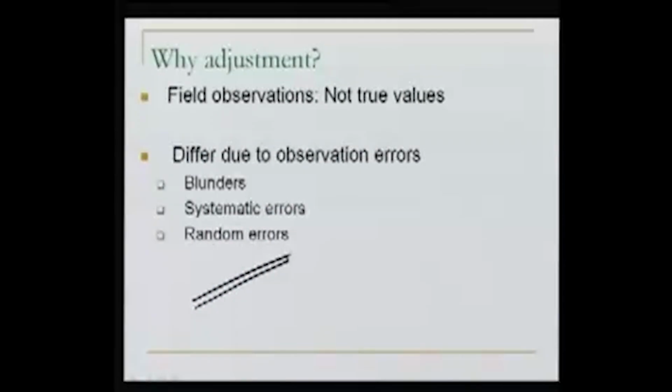Then the other kind of error, we know about that, that is a systematic error. Means for that error, we can write a physical model. We know the reason why this error is there. By taking the measurements, for example, the temperature measurement in the field, and we know the temperature at which my tape has been designed, by finding the difference of these two, we can apply a correction for the expansion of the tape because of the temperature difference.